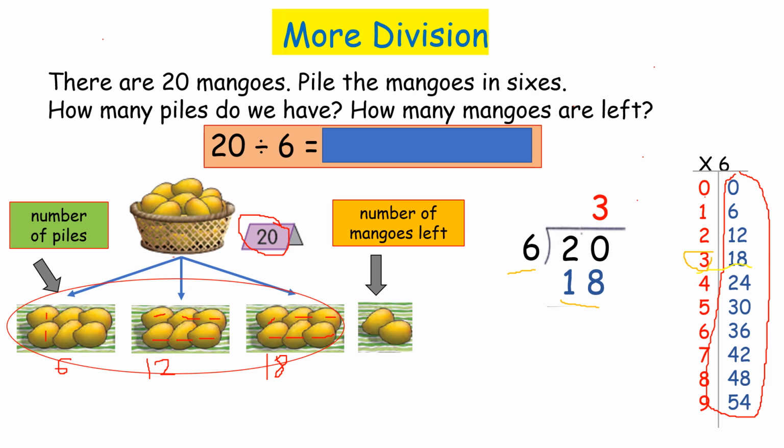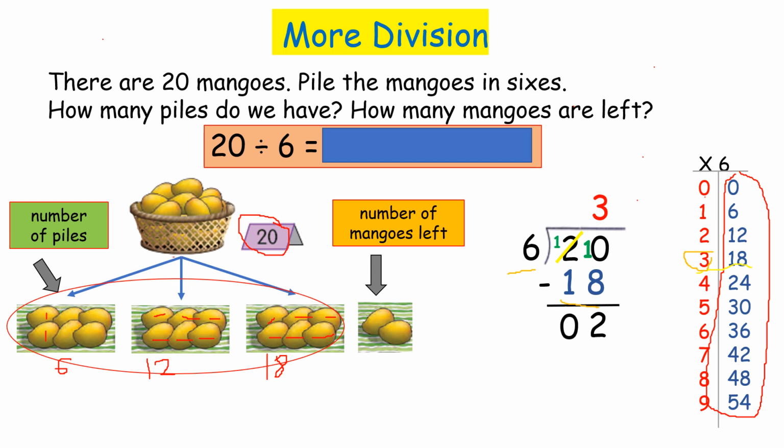And then underline, and write minus here. So we have to do 20 minus 18. Start from 0 minus 8. 0 minus 8 cannot, so we have to borrow from 2 to become 1, and then give 10 to 0. 0 becomes 10. So 10 minus 8 is 2.